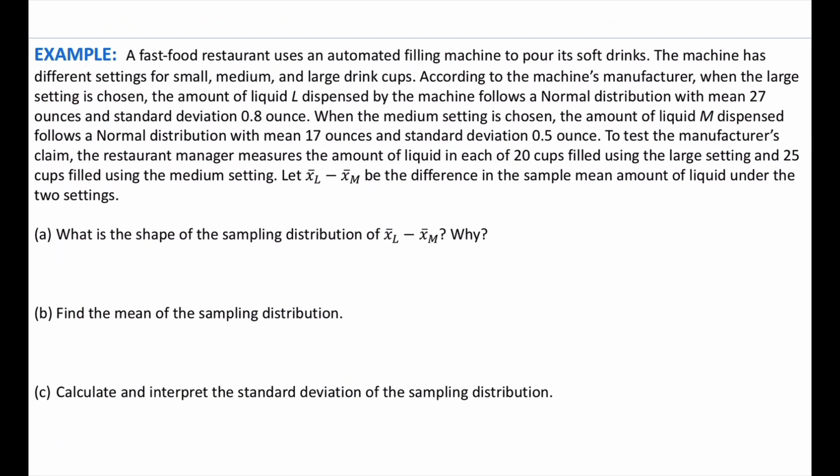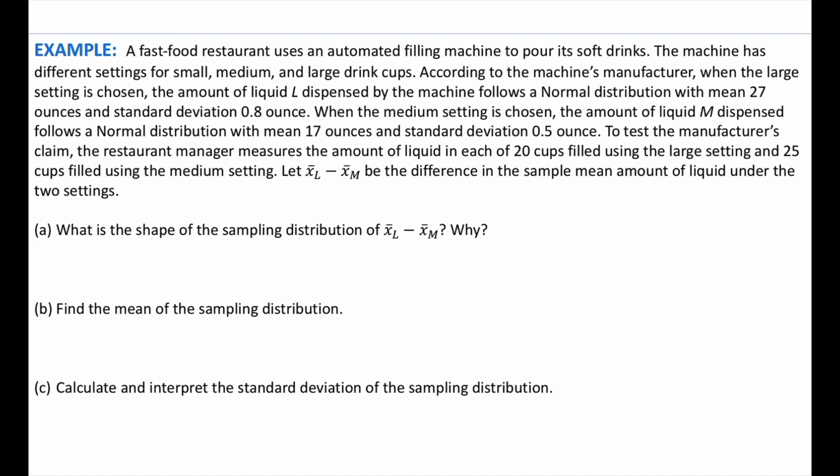So what would it be? What is the shape? Normal, because it says when the large setting is chosen, the amount of liquid dispensed follows the normal distribution. Yep, that is true. It doesn't say that for the medium account, though. It does, yep, this is the second one I highlighted.